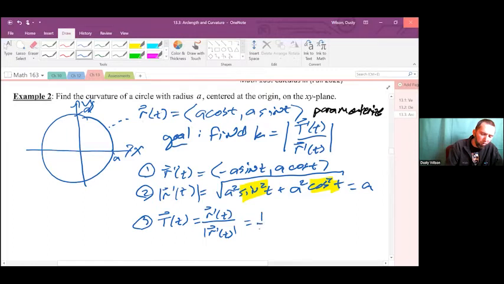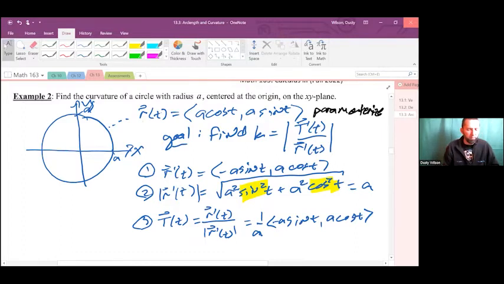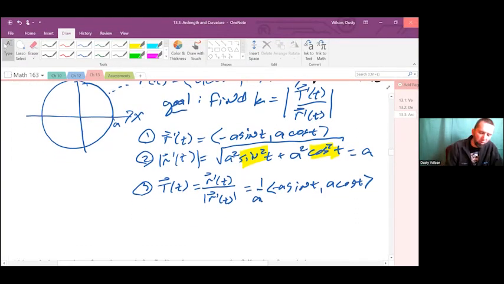So it's 1 over a times negative a sine t, a cosine t, and the a's of course will cancel, leaving you with T of t equal to negative sine t, comma cosine t.